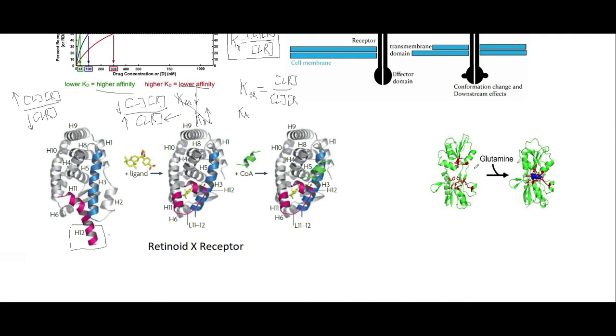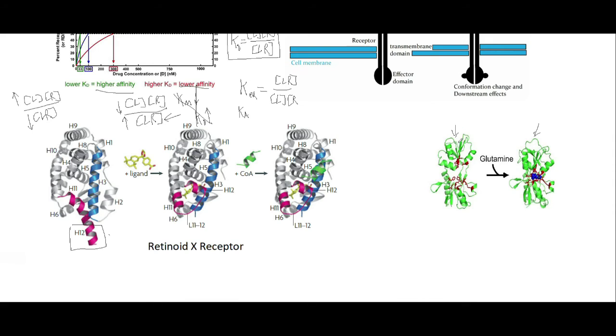I really like this picture because they have the amino acids that bind to the ligand here, and you can see them almost like a mouth biting down on this glutamine. And like I said, this is not a catalytic reaction. This is just a ligand bound to a receptor, and what happens is this generates a conformational shift. You can see that this loop is different here.